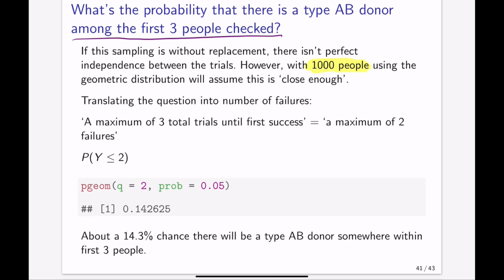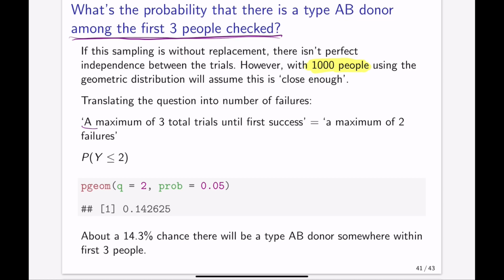But when you have a big enough sample, 1,000, even though it's not perfectly independent, it's relatively close. So we're just going to assume that they are exactly independent. Again, all of this is just a model. It's not going to be exactly what happens in the real world, but hopefully it's close.